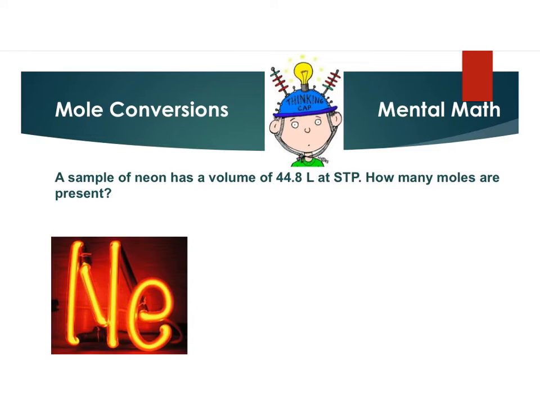Next one, this one's a gas problem. It says a sample of neon has a volume of 44.8 liters at STP. STP is nice. We don't have to do PV and RT or any other fun things. We can do a straight stoic problem. And it wants to know moles of that compound. So you still put your given, 44.8 liters.